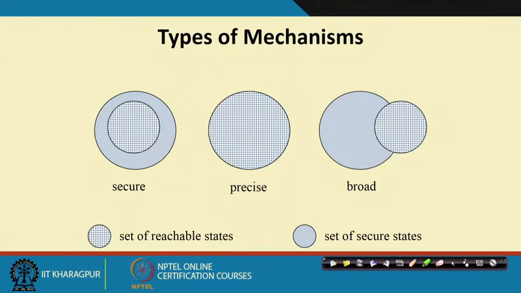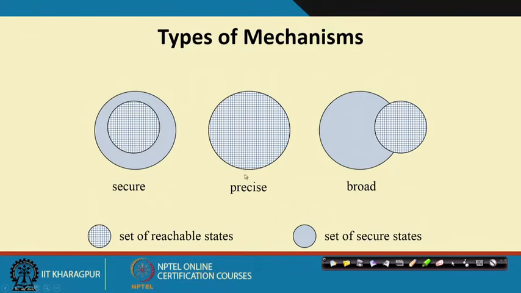So, I say that the set of reachable states is identified by this diagram, and the set of secure states is this. These are the set of reachable states. Whatever I do, I am always within the secured states. So, if the set of secured states is a superset of the reachable states, then I am secure.